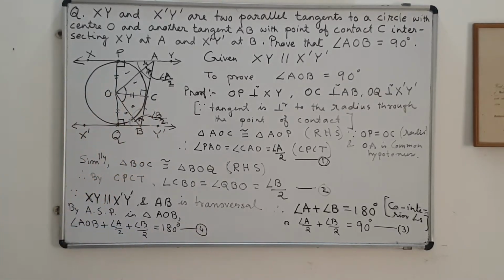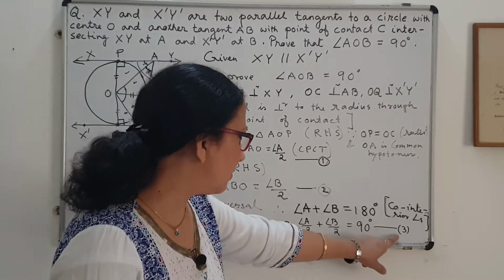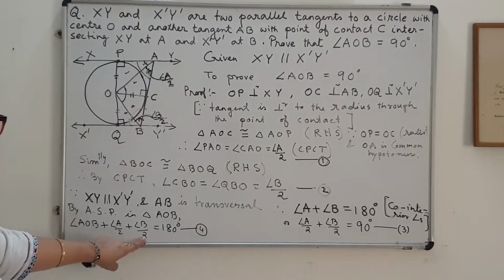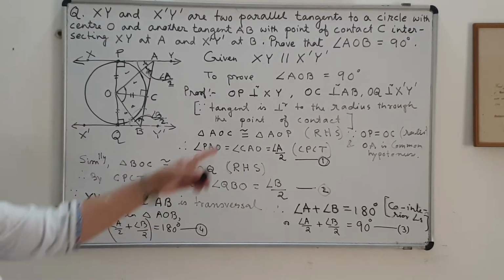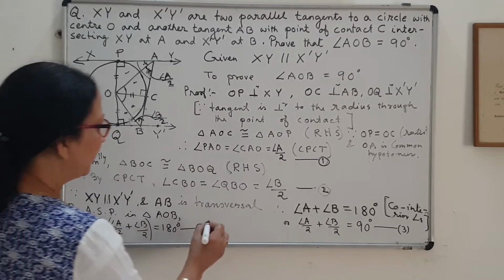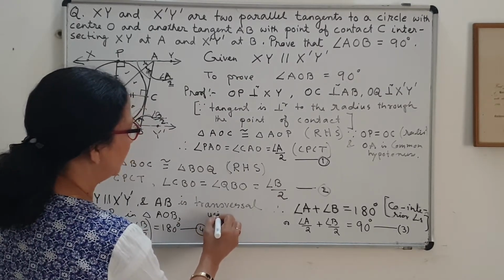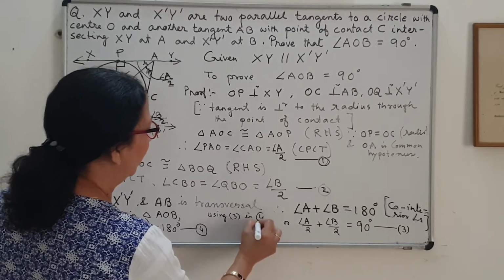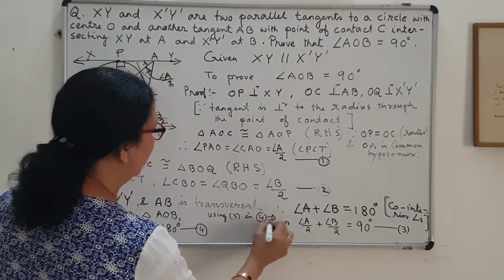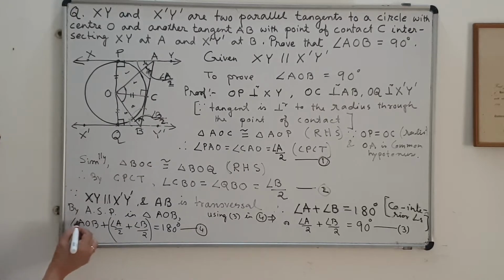Now if you see, if I apply equation 3 in equation 4, in this part I have to put 90 degrees, then I will get the result. Using 3 in 4, you can easily see what we will be doing.